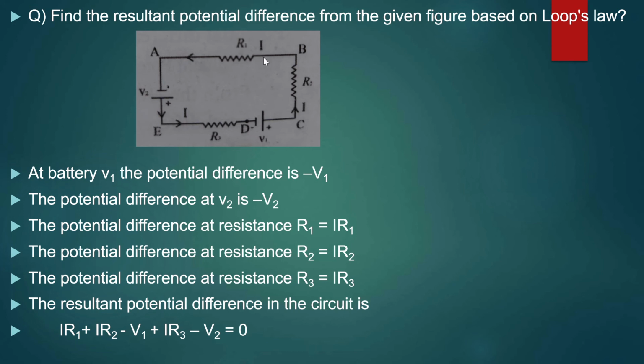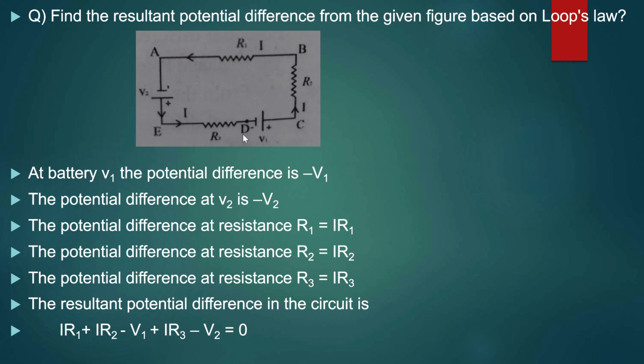Always remember, current will be the same throughout the circuit in series connection, whereas potential difference across the components will be different. Potential difference across resistance R2 is IR2, and the potential difference across the resistance R3 is IR3.